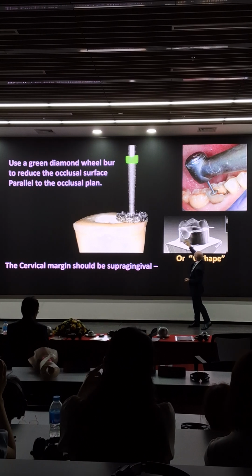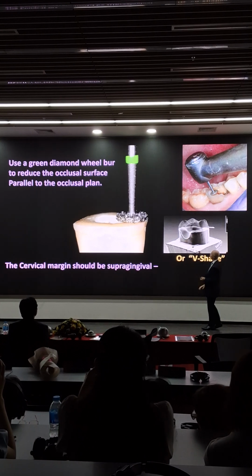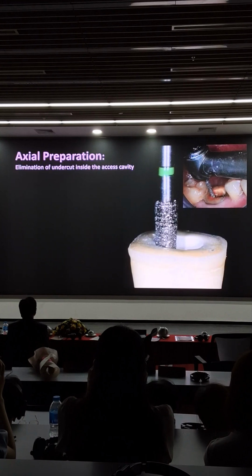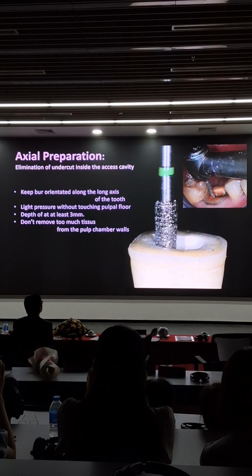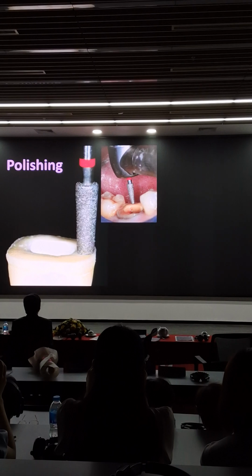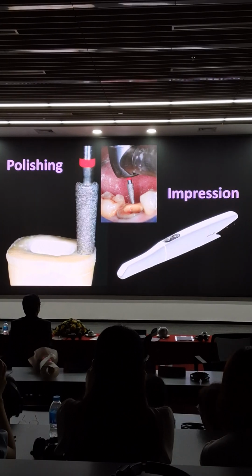So here, on one wall, I have less than 2 mm. And after, I use this burr to trim inside my pulp chamber to give a good shape to receive my undercrown. And here I need a penetration of at least 3 mm. You polish everything. You see the preparation is very simple.